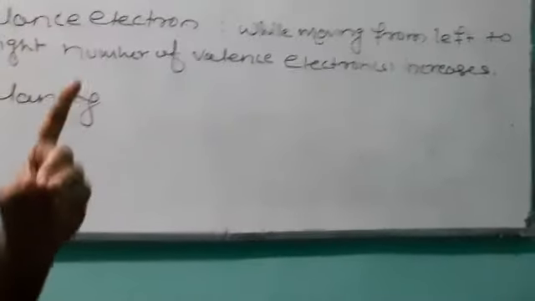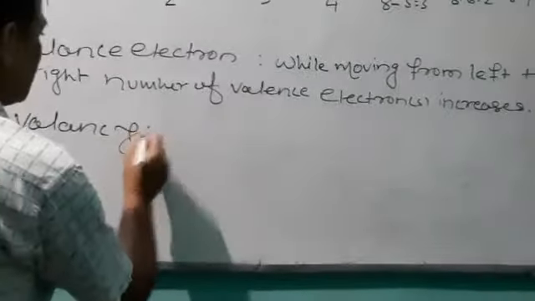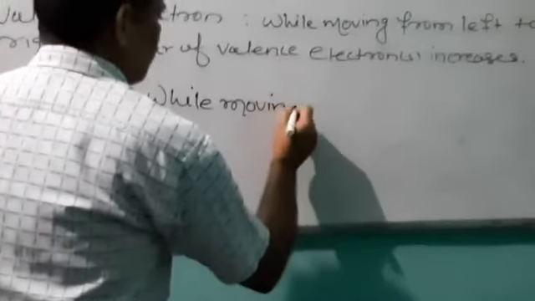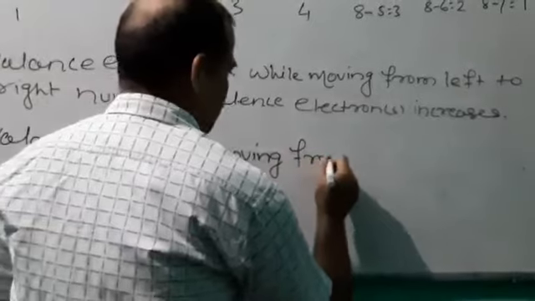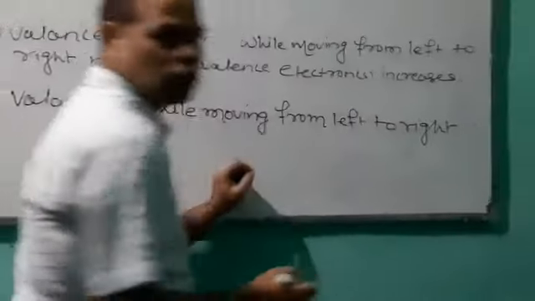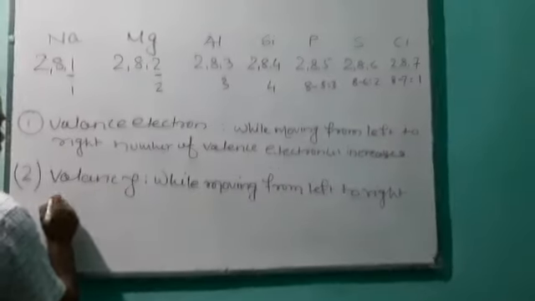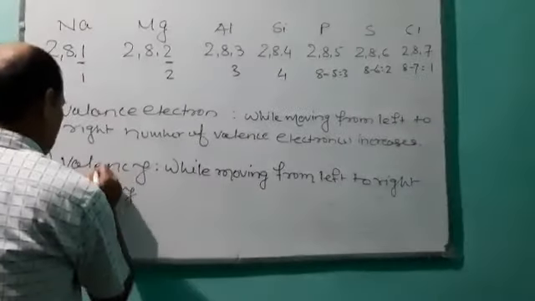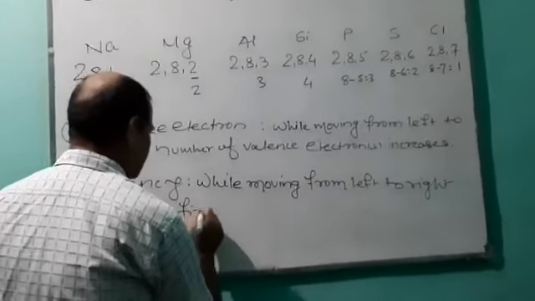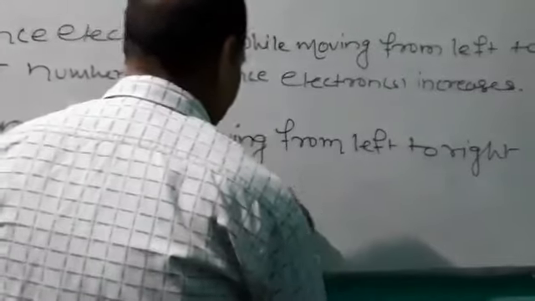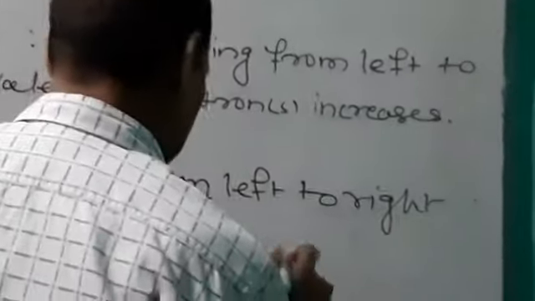I am writing here: while moving from left to right, valency first increases and then decreases.